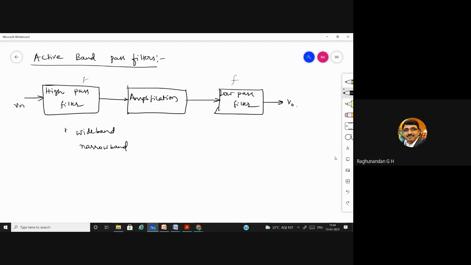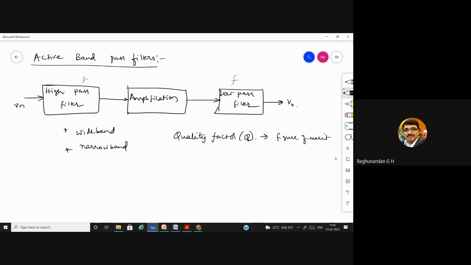These are the two types of filters we have, and the band pass filter is mainly characterized by the quality factor, Q. This quality factor is said to be the figure of merit.